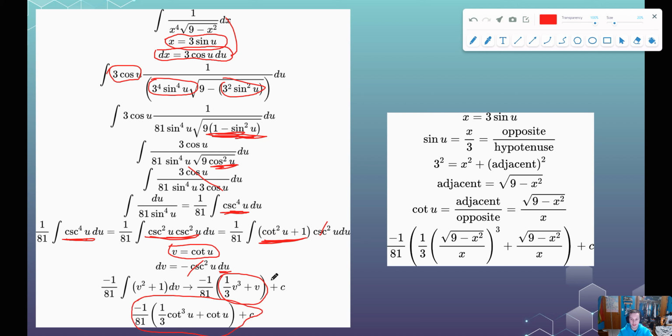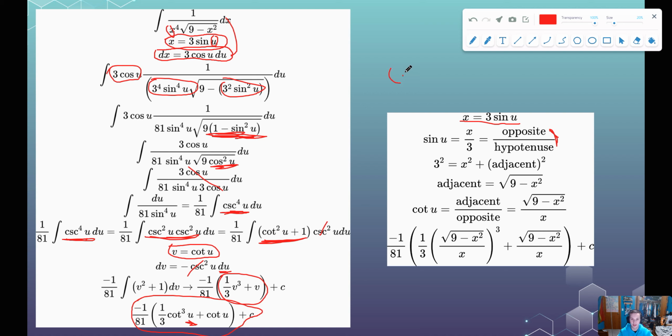Okay, which is great. The problem here though is we're still in terms of u. We started with x's in our original problem, so we're back to u's, but we're not back to x's yet. So we know that x is equal to 3 sine of u, and so sine of u is equal to x over 3. Which is the opposite over the hypotenuse, again, using your trigonometric definitions. So you can figure out what the adjacent is, and you can figure out the cotangent of u is the adjacent over the opposite.